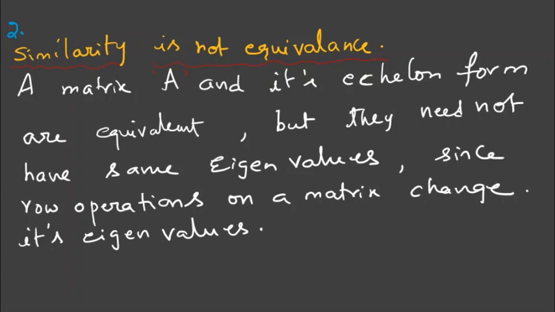Why? Because row operations on a matrix change its eigenvalues. So a matrix and its echelon form are equivalent, but they don't need to have the same eigenvalues. Whereas similar matrices will have the same eigenvalues, equivalent matrices need not have the same eigenvalues.